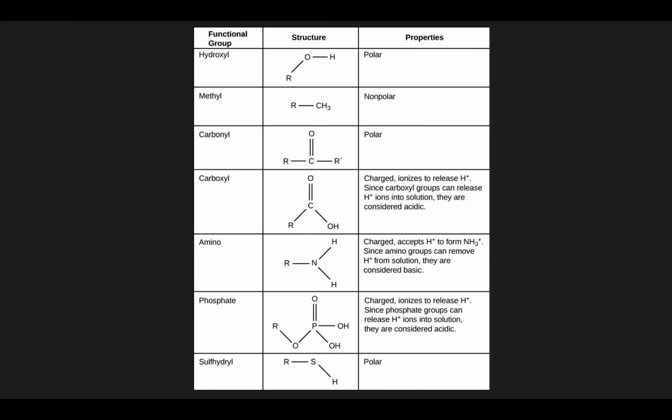Here is some of the functional groups. You don't have to know these, but I just want you to be familiar with what a functional group is. The R on the screen represents the carbon skeleton. So a hydroxyl group is an OH, which makes it polar, because remember the oxygen is going to kind of pull those electrons a little bit. You're going to have a methyl group, which is CH3.